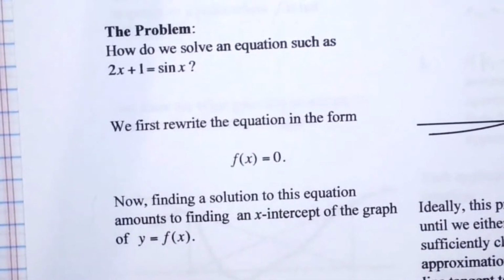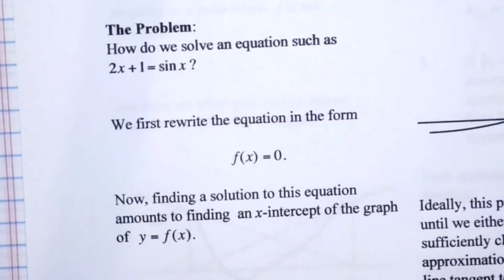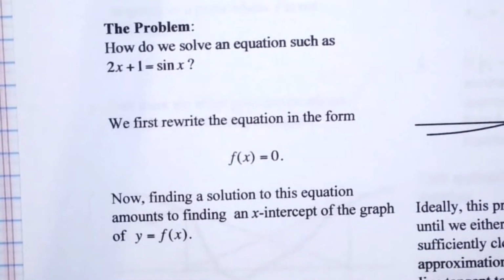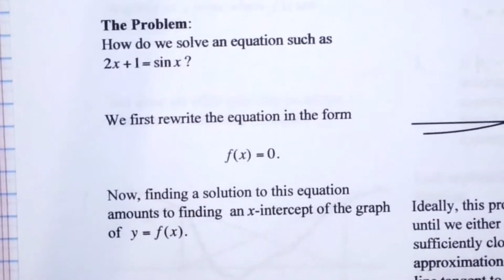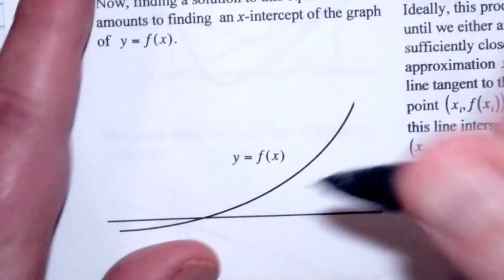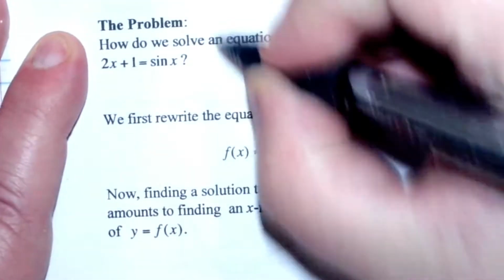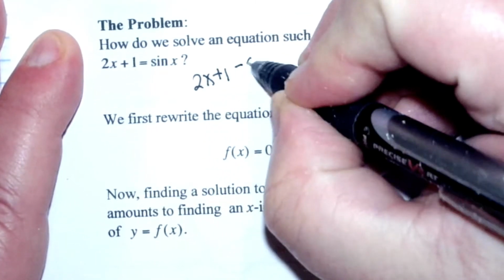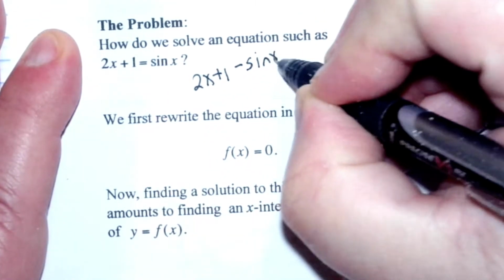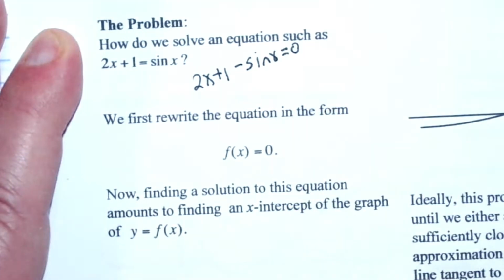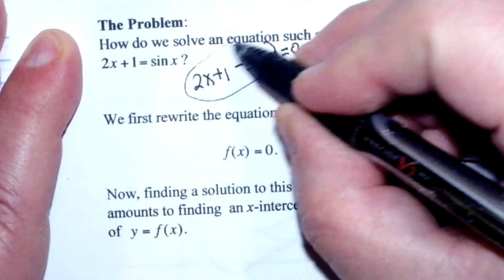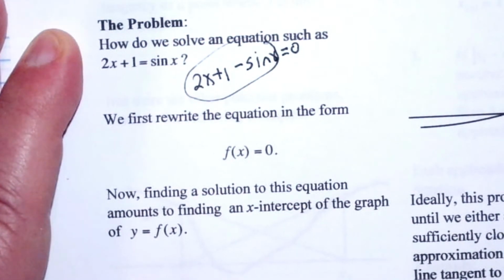So what do we do? We first rewrite the equation in the form f of x equals 0. In this case, we would write, for instance, 2x plus 1 minus sine x equals 0, and the 2x plus 1 minus sine x is the f of x.